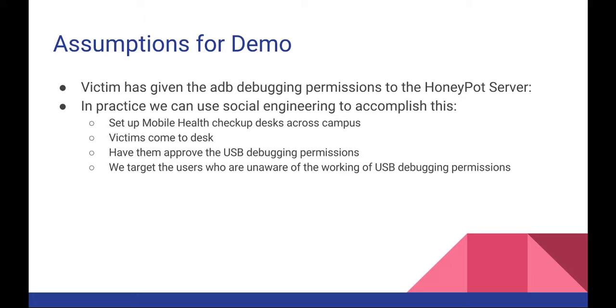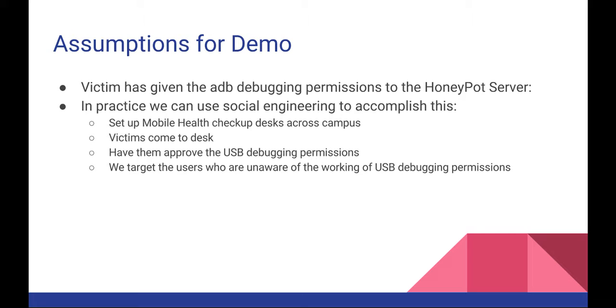Now, in practice, we can social engineer this in the following way. We can set up a mobile health checkup desk across the campus, and we offer the students a service of free checkups of their Android devices, and we tell them if their phone is facing any vulnerability or if it's infected with malware or something.